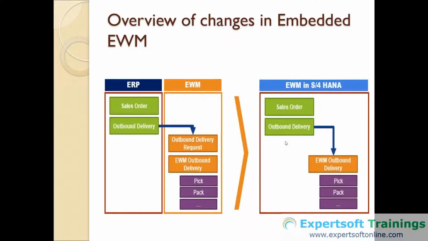Any of these deliveries we replicate to your EWM system, earlier we used to have multiple duplicate deliveries, but now that has been removed in the S4 systems. That is what I was trying to explain in the delivery integration, guys. Any questions to me here? To anyone? No questions from my side.